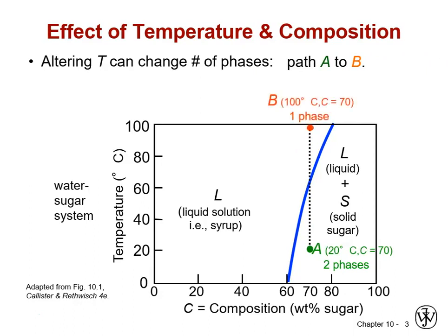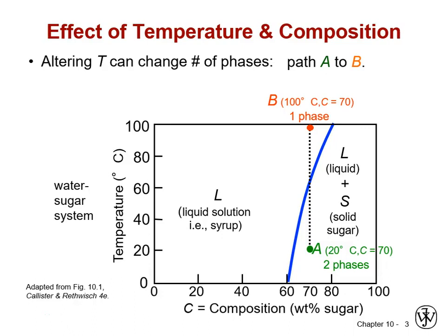So we're going to look at the effect of heating up, about an 80 degree C temperature increase, starting at 20 degrees C with a 70% sugar in water mixture, which at 20 degrees C was a 2-phase mixture.